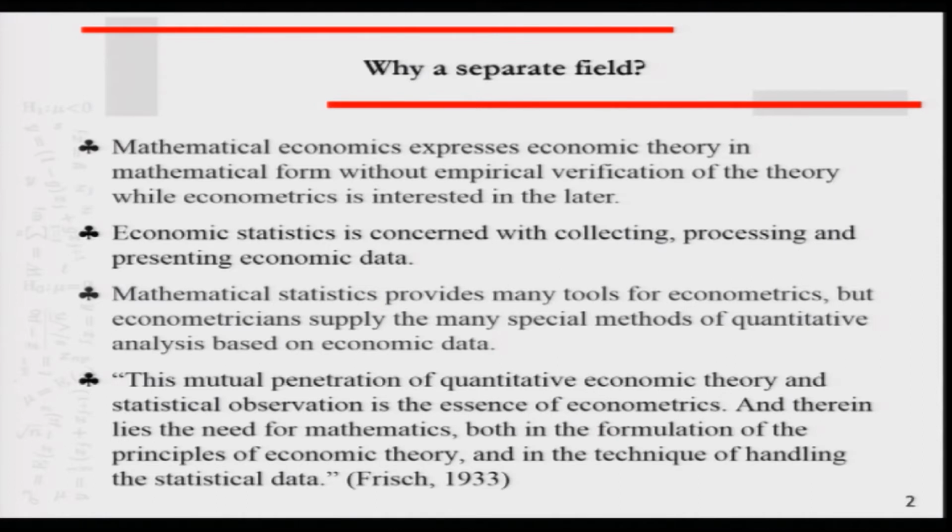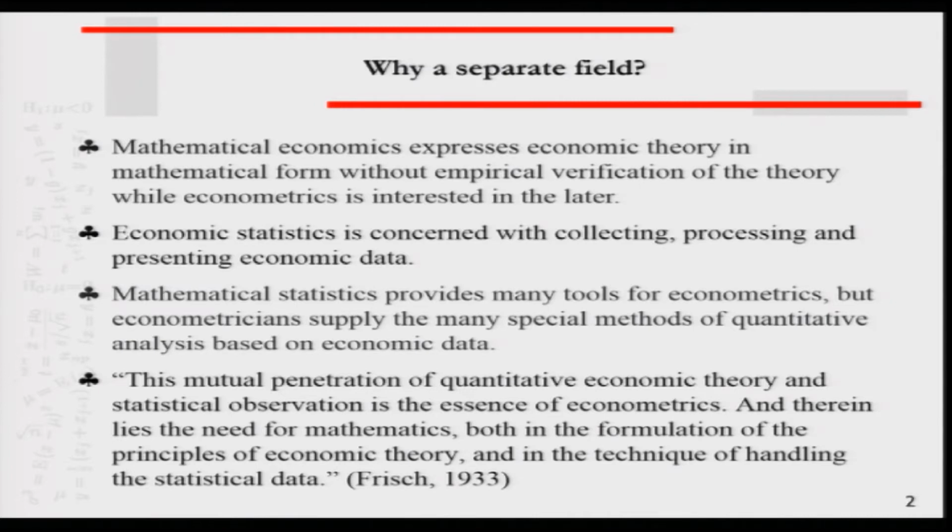This field provides many tools for econometrics. Actually econometrics cannot stand alone. Most of the tools that we are going to study in this course are actually borrowed from mathematical statistics. But also note that economic variables are special, and that is why sometimes econometricians have also developed theory and estimators.